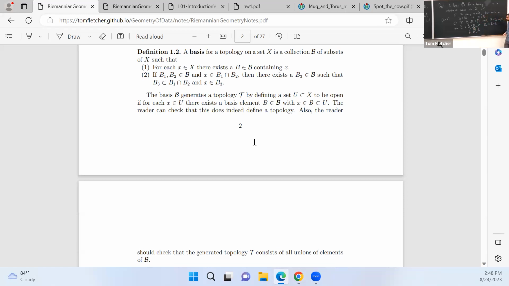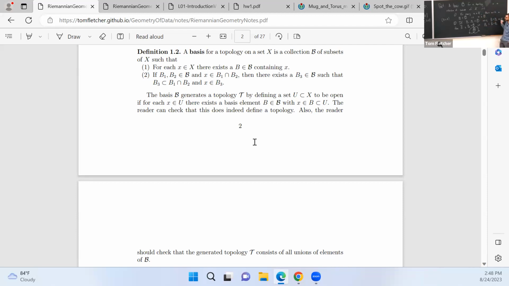These seem like esoteric, abstract rules that we've made up seemingly out of nowhere, but this is what's called a basis. I erased the T here because there's no mention of a specific topology quite yet.